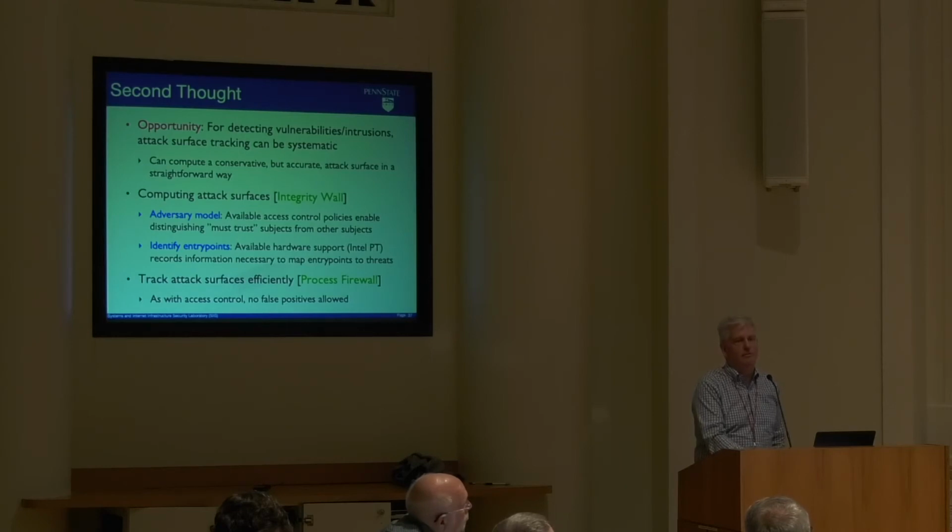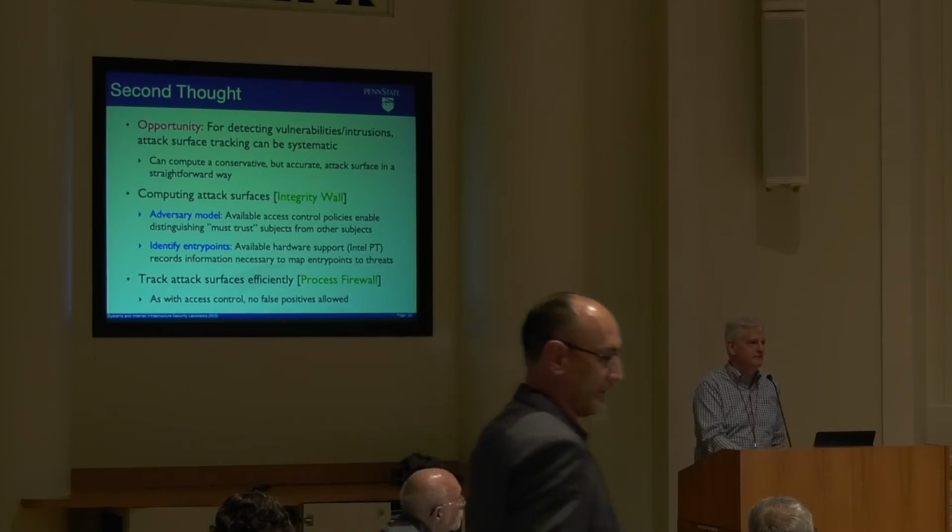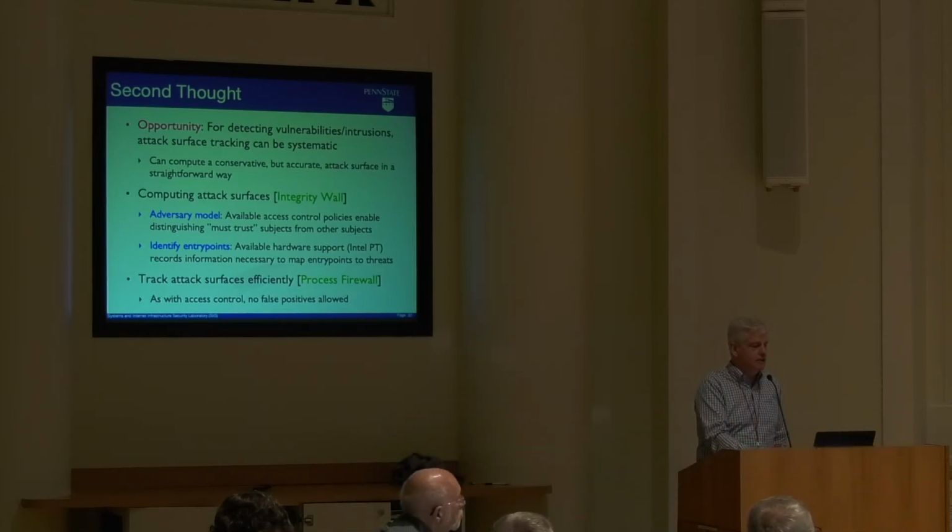In that paper we talk about subjects with privilege, with access to particular kernel resources that would enable you to compromise the system, and if those are available to a subject, then you must trust them. And if a subject can write your code, then you must trust that subject as well. This enables us to compute a fairly conservative adversary model, and that was the adversary model used in the experiment that showed about 13% of the entry points were adversary accessible.